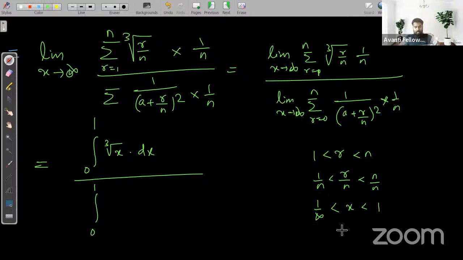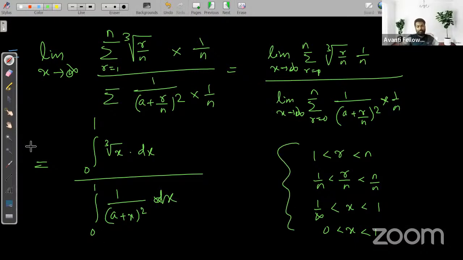So x varies between 0 to 1, and the limit becomes 0 to 1. So integration from 0 to 1 of cube root of x dx, and in the denominator we get 1 upon a plus x whole square into dx. And similarly we can check the limit.